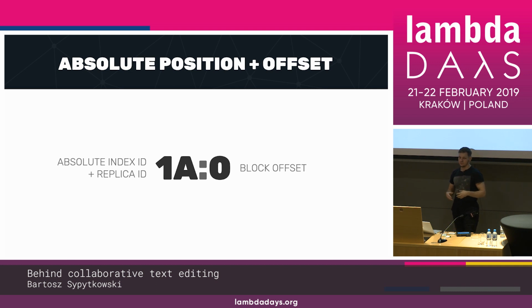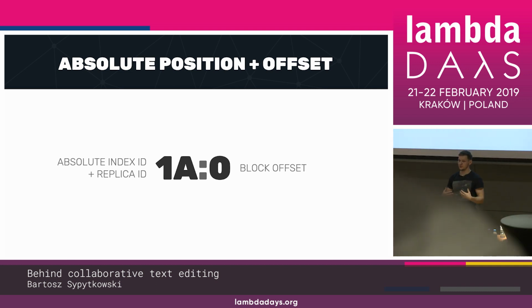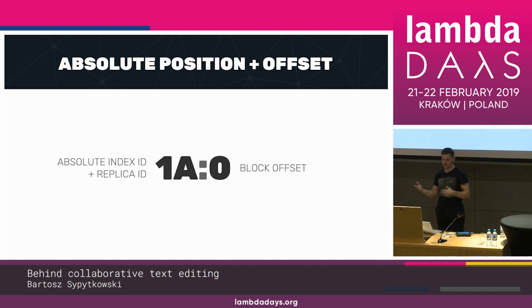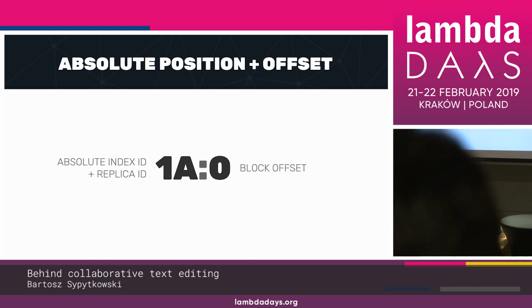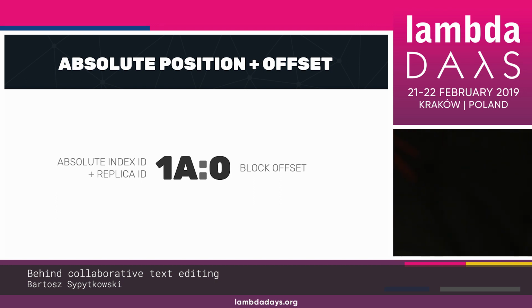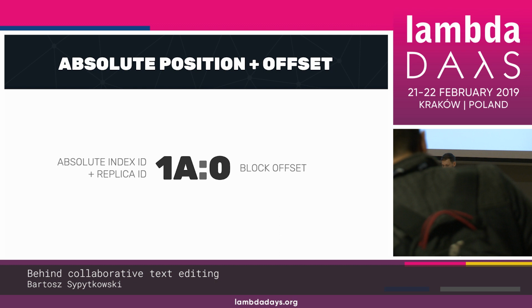This is something that we could actually do. It's called a blockwise replicated growable array. Basically, we add an offset that points to the index inside the block of characters, and we add it to the actual position we are interested in.